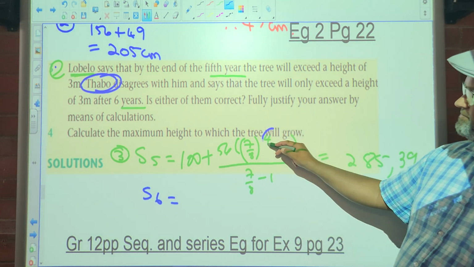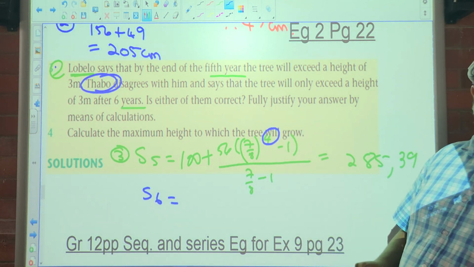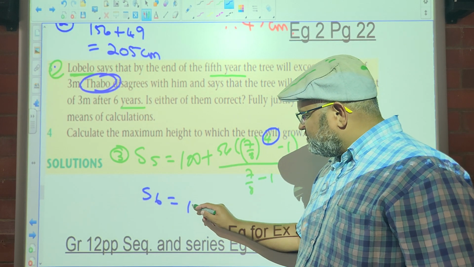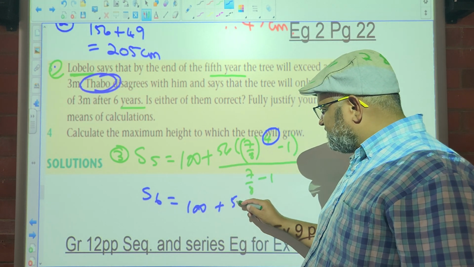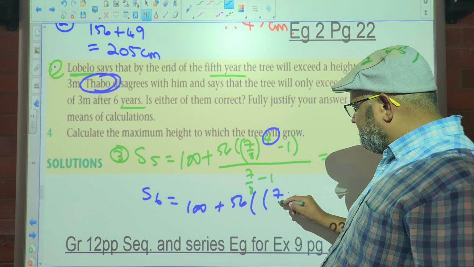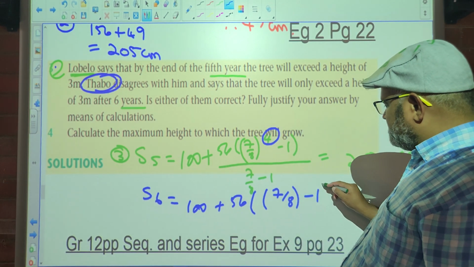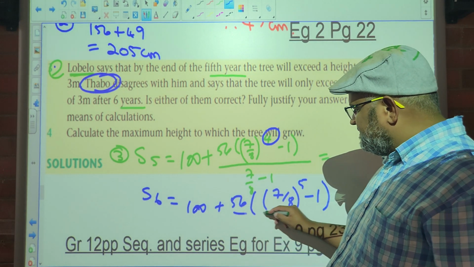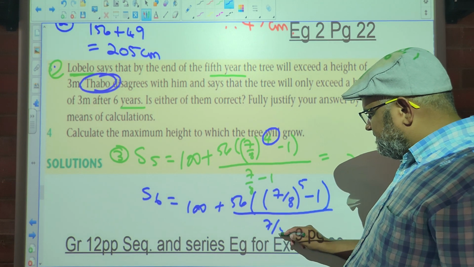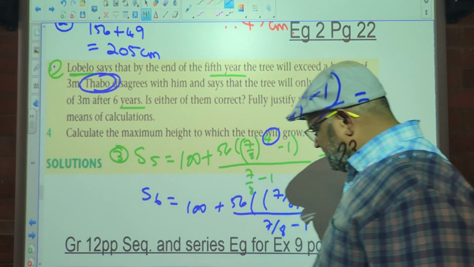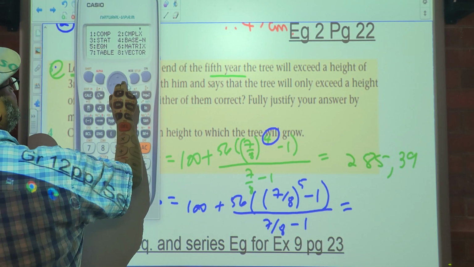The n. Not so. So that will now become 5. So it's 100 plus 56 into 7 over 8 minus 1 to the exponent 5 minus 1 over 7 over 8 minus 1. So we just change it.